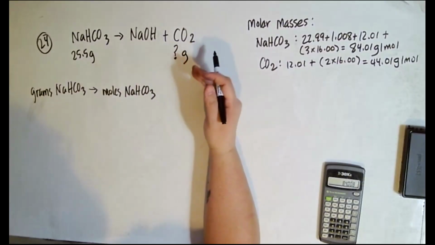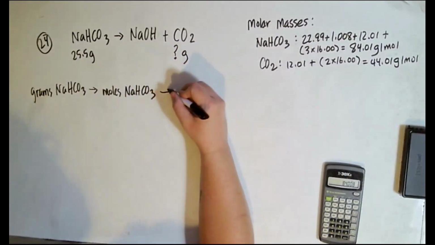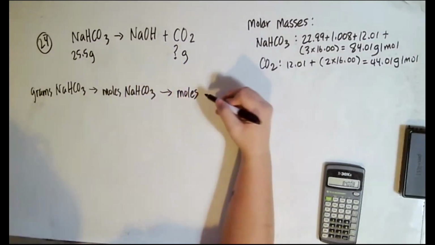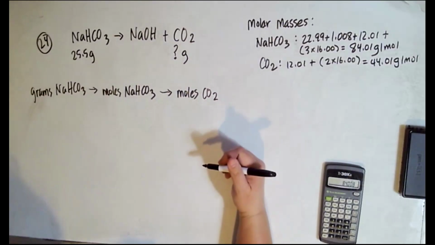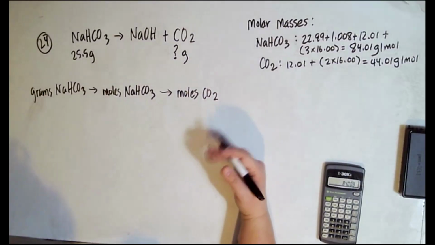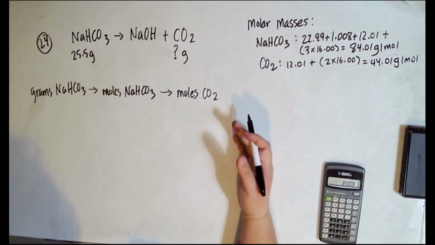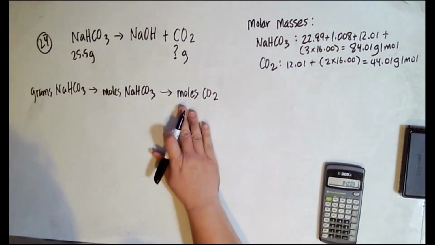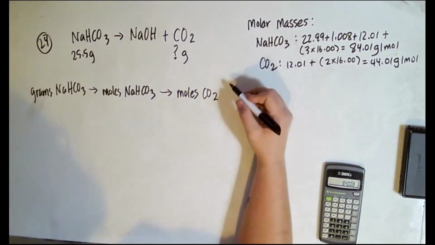Even in an equation like this one, where all of the coefficients are 1, it's a good idea not to skip this step when we're going from moles of NaHCO3 to moles of CO2, because most of the time, with the exception maybe of these next two questions we're doing, the coefficients are going to impact your final answer. So you don't want to get used to skipping this particular step. You'll end up with the wrong answer when you're done.